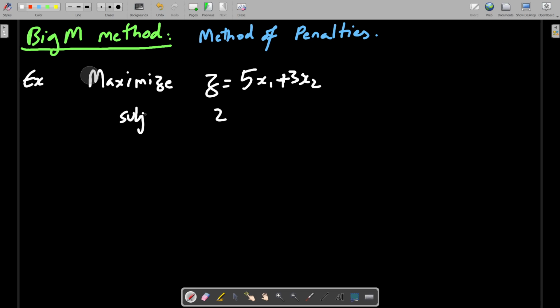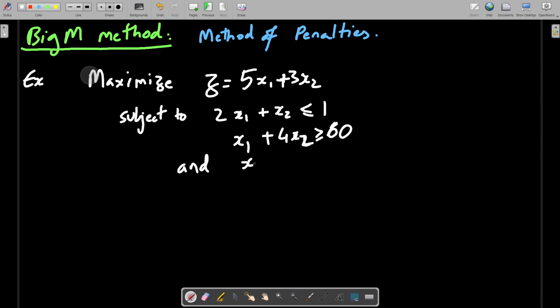Subject to 2x1 plus x2 is less than equal to 1 and x1 plus 4x2 is greater than equal to 6, and x1 is greater equal to 0, x2 is greater equal to 0.